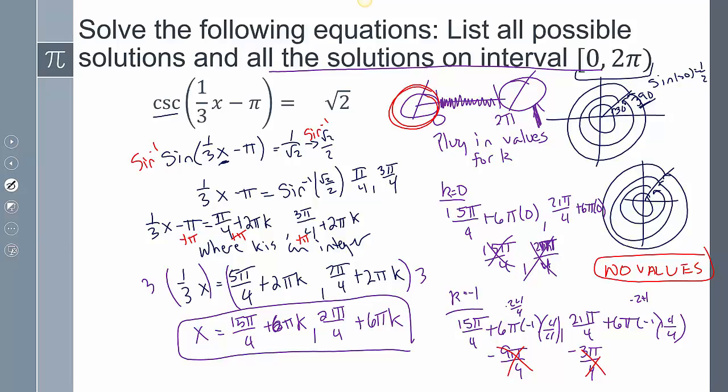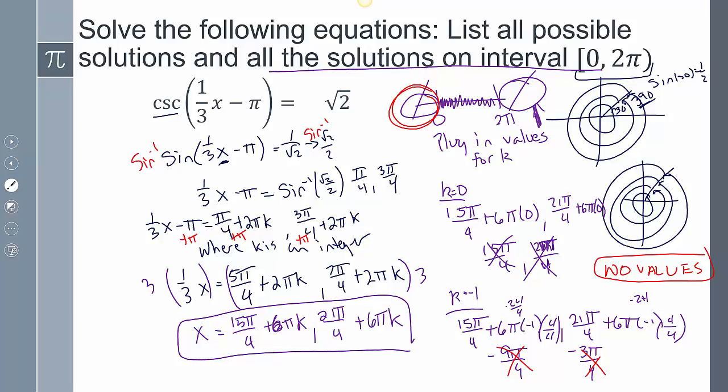So as a recap, we're just solving. We're literally employing everything that we know in terms of manipulating a trig equation. And so that's all I did here, is just employ all the stuff that I know. We talked about inverses, and the only new notation is that I'm including all possible solutions, and you're going to say plus 2 pi k to do that because the period is 2 pi.